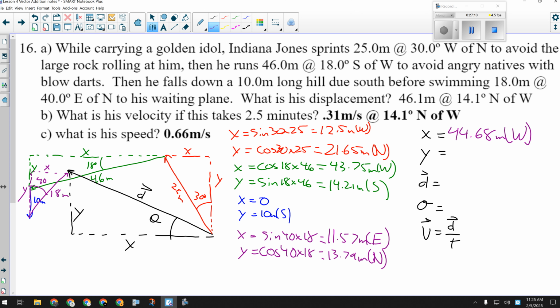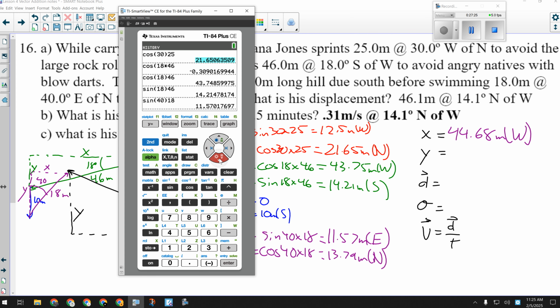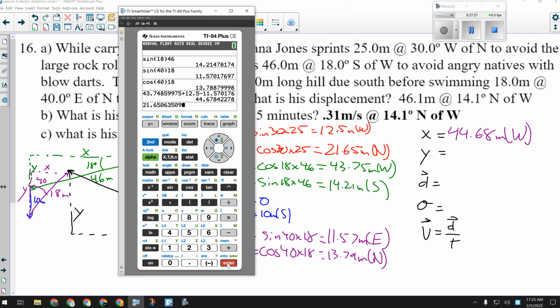And then for our y's, two of them are north, two of them are south. So we're going to take the 21.65, that one's north, minus our next one, which is south, the 14.21.